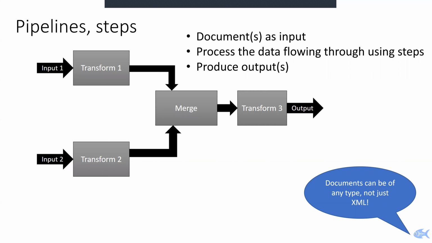It can be XML, HTML, JSON, text, or even binary documents. On one of the input ports, as I depicted here, it will probably be one document per input, but you can also push multiple documents through one input. So ports are the things that data flow in and out, and they're very important.